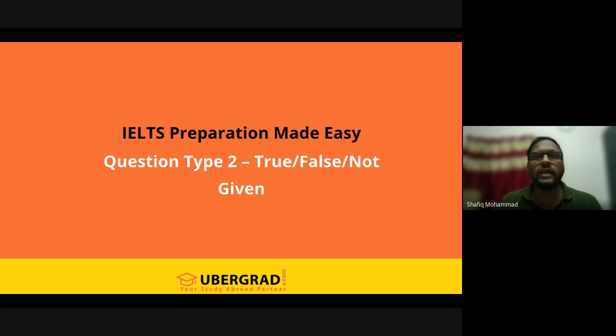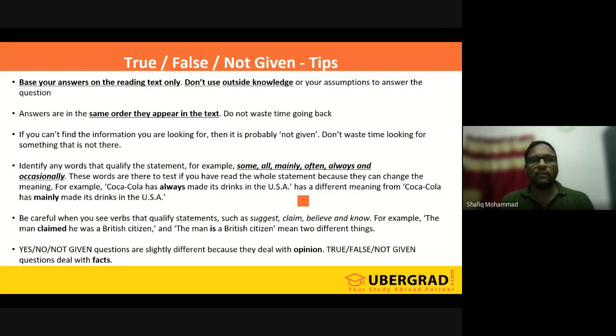But what is not given, guys? Not given is when the information is not given in the passage. For example, in the passage it is given that Shafiq wakes up early in the morning and hits the gym at 7 o'clock.